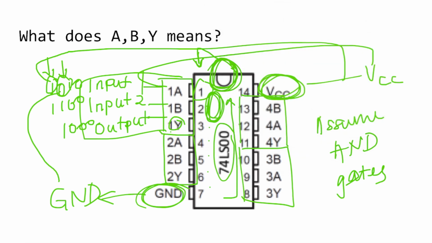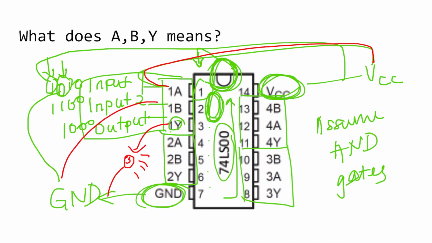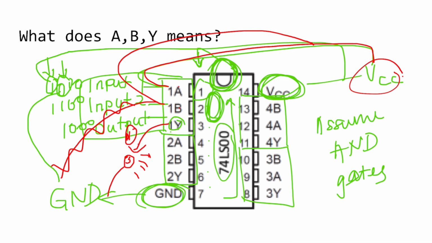If I connect 1A to VCC and 1B to ground, then the output should be 0, which we can verify by connecting it to a light bulb or LED that connects to ground. If I connect 1B to VCC as well, so both 1A and 1B are from VCC, then the output should be 1, which will light up the light bulb or LED.